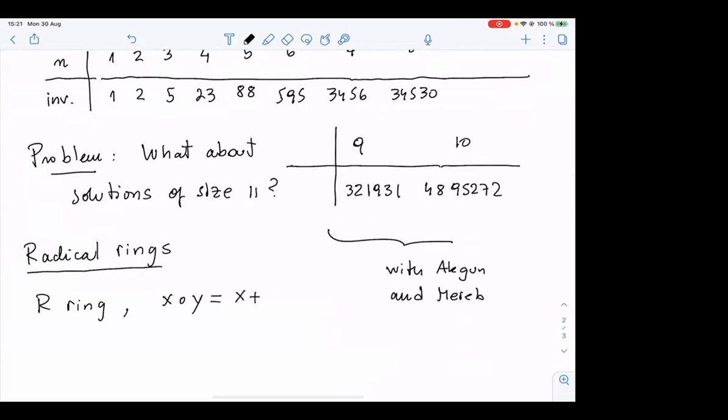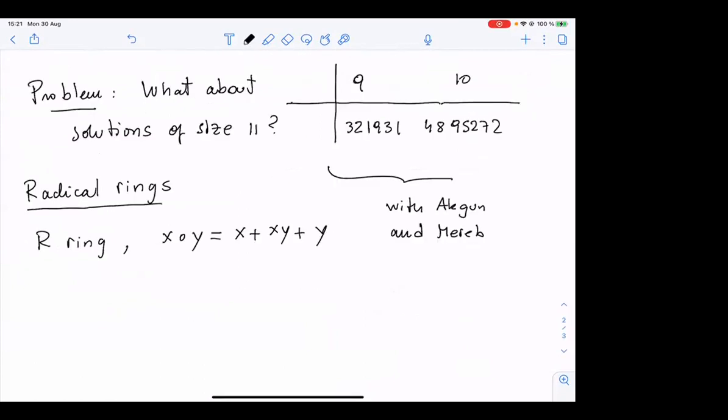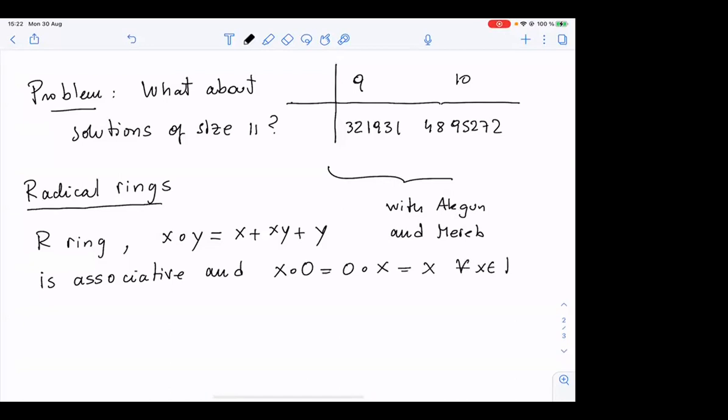This is the circle operation, and this operation is always associative. And if you do x circle 0, this is the same as 0 circle x, and this is x for all x in R.